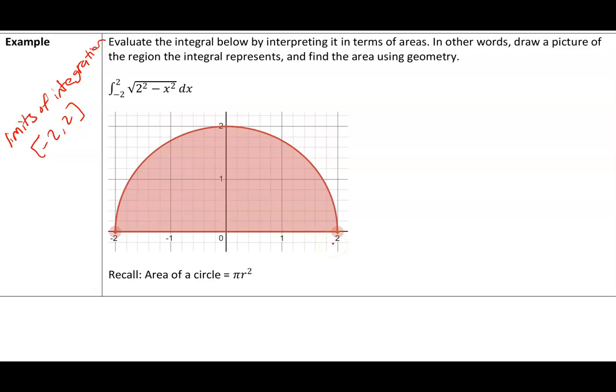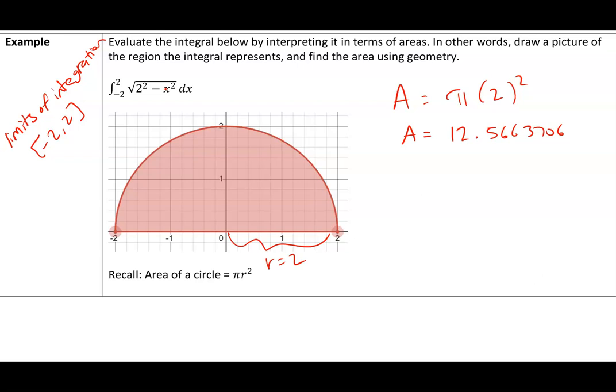So we can notice that if you go to desmos.com and graph this function, the square root of 2 squared minus x squared, notice that this is a semicircle, it's half of a circle. And we also know that the area of a circle is given by pi times r squared. So for this semicircle, the radius is 2.